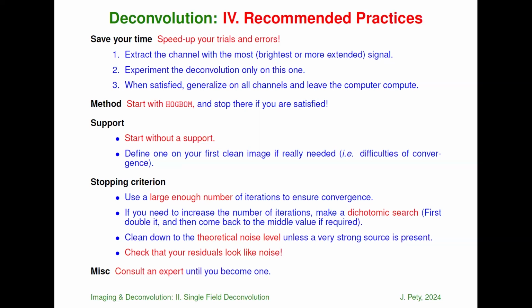As it has the largest flux, it will be the most difficult one to deconvolve. So if you succeed to deconvolve this, your recipe should be okay for every other channel. Once you're satisfied with these channels, you do the same for every channel. You will save plenty of your time. So instead of spending days trying to deconvolve, you will spend days trying to do science. But also, again, it will help to save the planet.